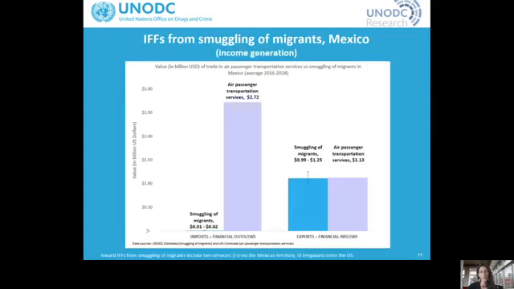And on smuggling of migrants, we estimated the value of smuggling of migrant services provided by local migrant smugglers to migrants that were trying to cross Mexico and go to the US, and it equaled more or less the value of the air passenger transportation services exported by the country.